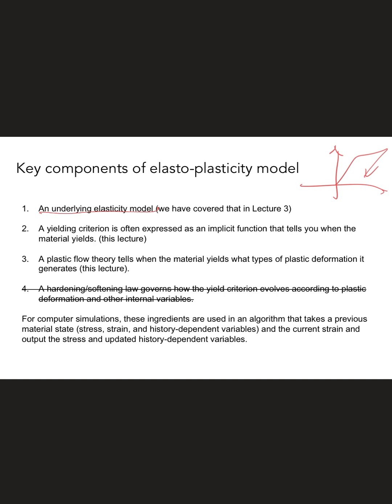Okay, and then we also still need a plastic flow. We need to know what kind of plastic deformation is being generated, but because it's perfect plasticity, we don't need the hardening law, which is related to the Hamilton-Jacobi or the Ericsson problem that we would otherwise need to solve.